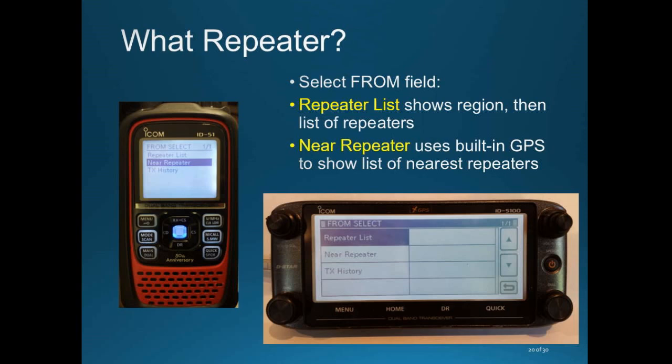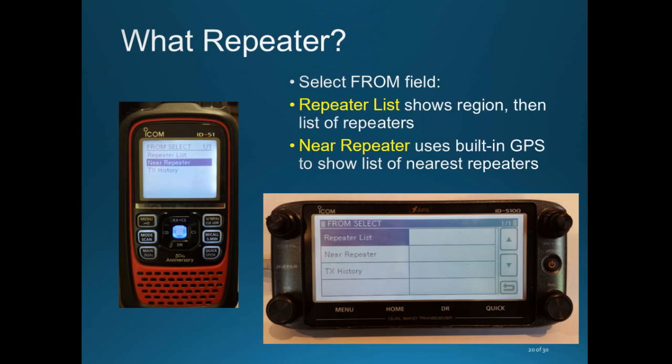Now, here we are, two different displays. I can either select nearest repeater, and if I have lock on GPS, it's going to give me a list of the closest repeaters. It'll tell me how far away they are and what direction on the compass, depending if the geocoding's right.